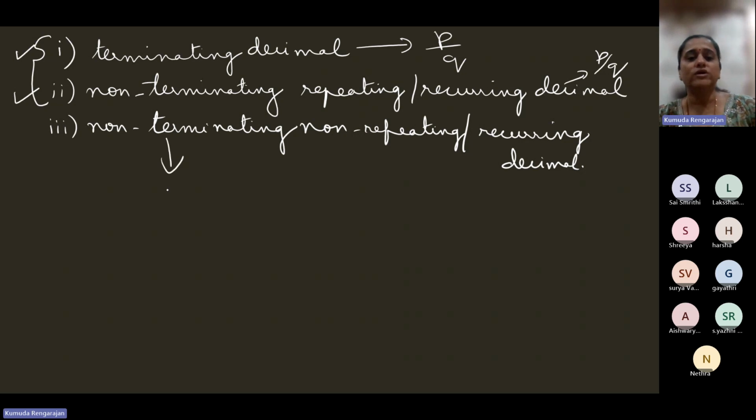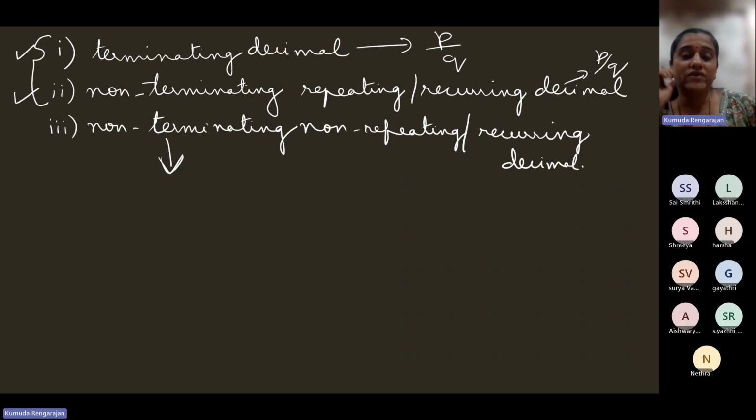Now, what about non-terminating, non-repeating or non-recurring decimals? When you divide an integer by an integer, you cannot get such a decimal expansion. When you find the value of a rational number, the quotient can be non-terminating, but it will be repeating.